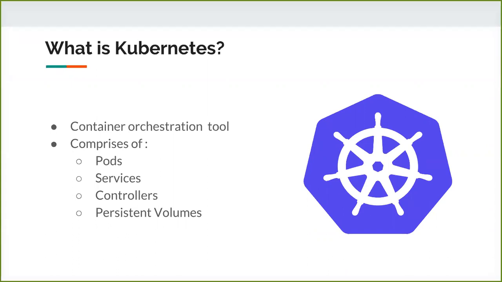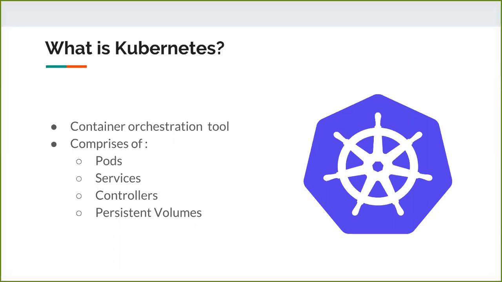Controllers are also a set of containers, and there are different kinds of controllers in Kubernetes, such as deployments, stateful sets, and daemon sets. Every controller has its own meaning and its own job.